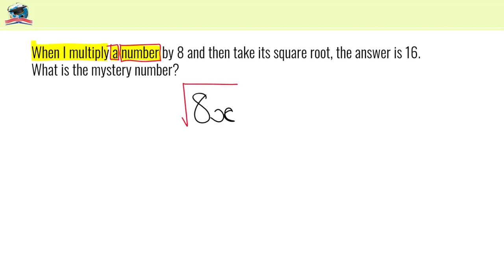So 8 times something, when you find its square root, it's going to give you something. Let's go back. When I multiply a number by 8 and then take its square root, which we have done, it says the answer is 16. That means I will get 16 here.